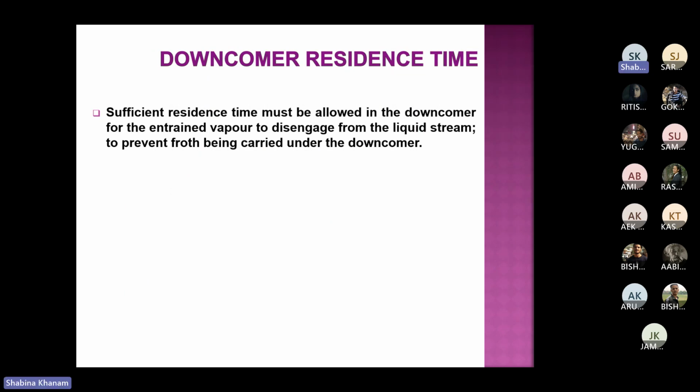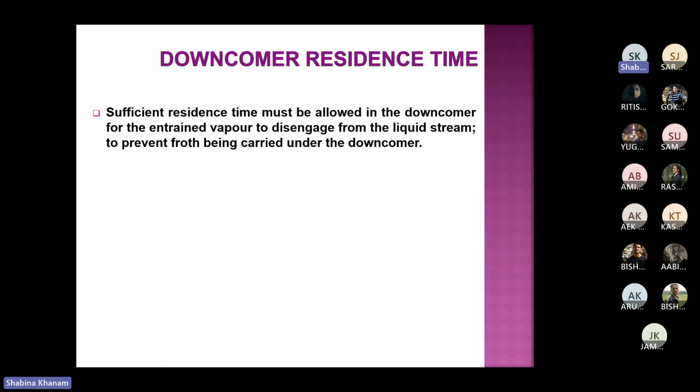Now next is the downcomer residence time. Downcomer residence time is important to have the disengagement of vapor as well as liquid in the downcomer section. So sufficient residence time must be allowed in the downcomer for entrained vapor to disengage from the liquid stream and to prevent froth being carried under the downcomer.